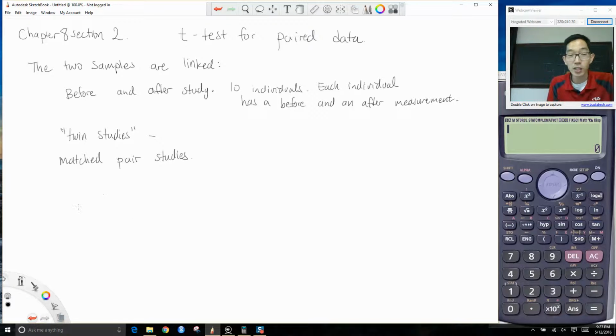One key thing is that in paired data tests, your two samples have to be the same sample size. If sample 1 is a different size from sample 2, it cannot be a paired data study. Sample 1 and sample 2 must have the same number of observations.